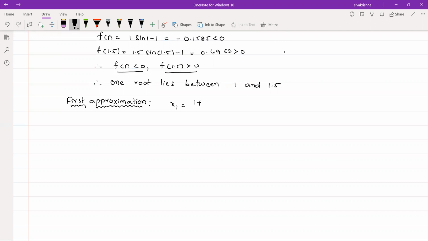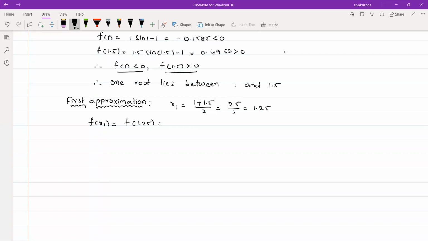That is 1 plus 1.5 by 2, which is equal to 2.5 by 2, and this is equal to 1.25. This is the first approximation. Immediately after getting the first approximation, we have to calculate f of x1, that is f of 1.25.